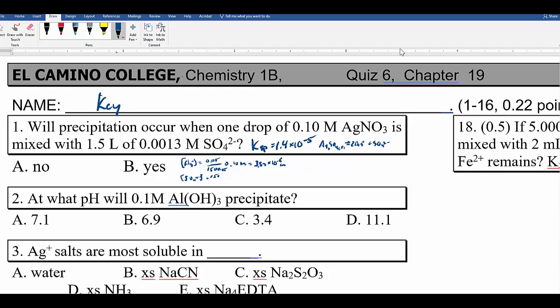It's a 1500 over 1505 dilution of 0.0013 molar.